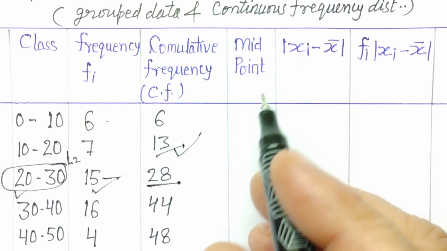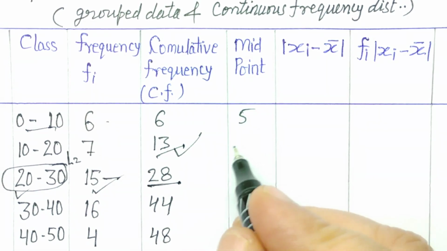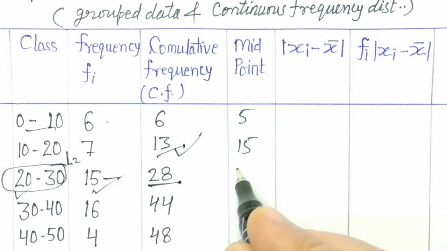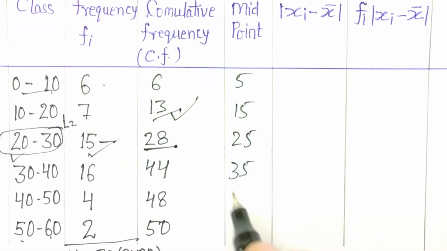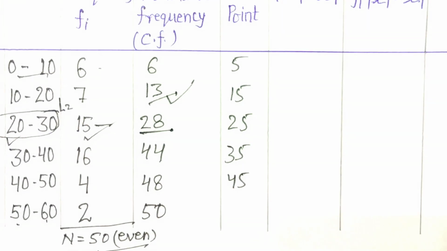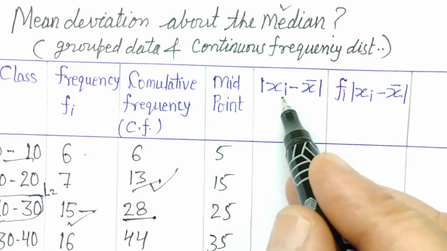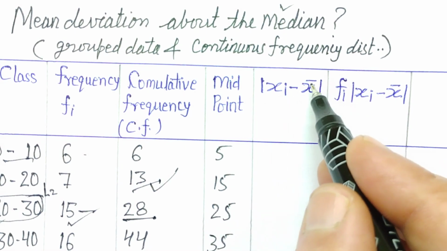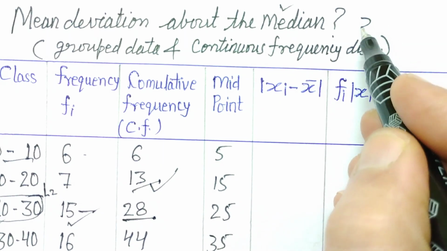Now the midpoints are 5, 15, 25, 35, 45 and 55, right? And here mod of xi minus x bar, with the median as 28, right?